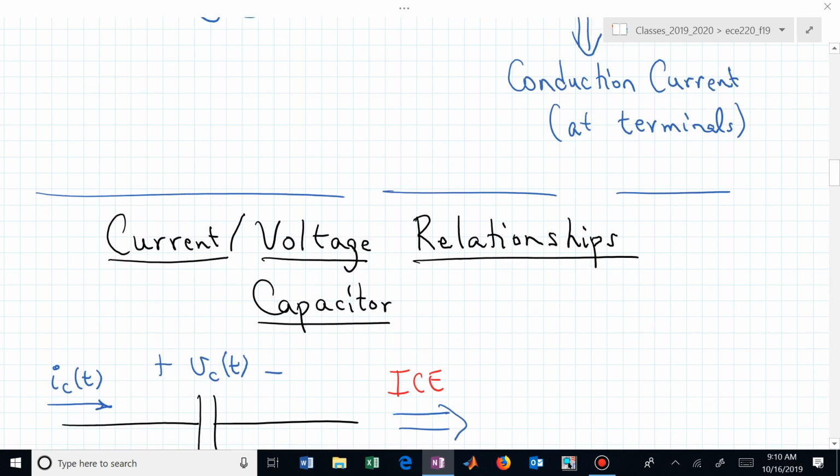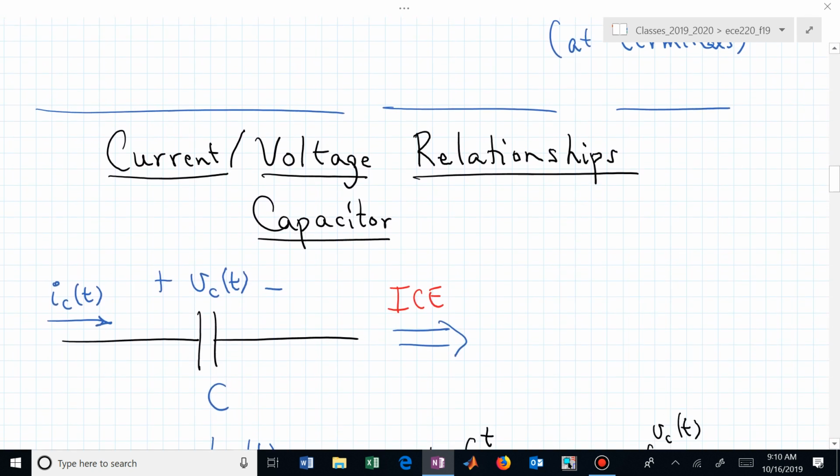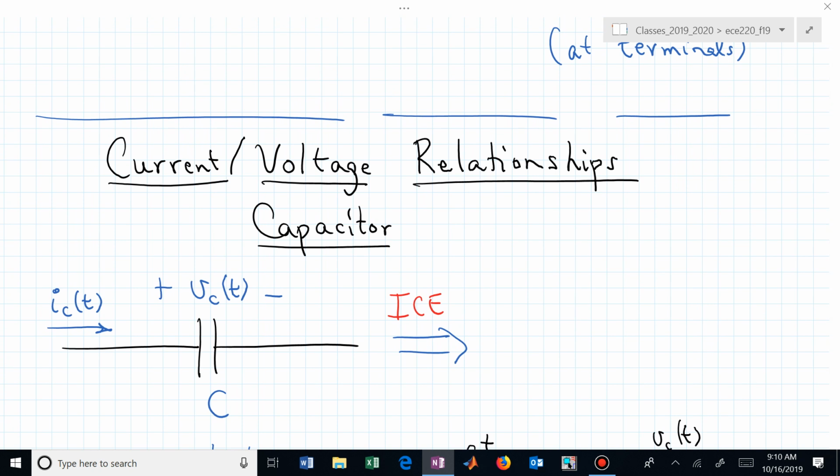I've already forewarned you that we would be talking about ICE. Eli the Iceman. ELI has an L in it, that's for the inductance. ICE has a C in it for capacitance.